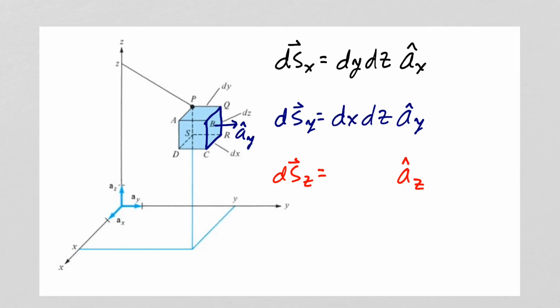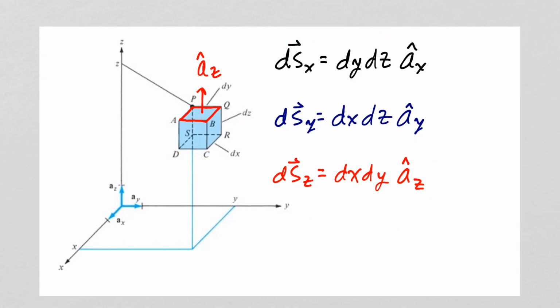Here is the unit vector in the z direction, so the surface it's perpendicular to is this one, which has area dx times dy. So here are our differential surfaces for the Cartesian coordinate system.